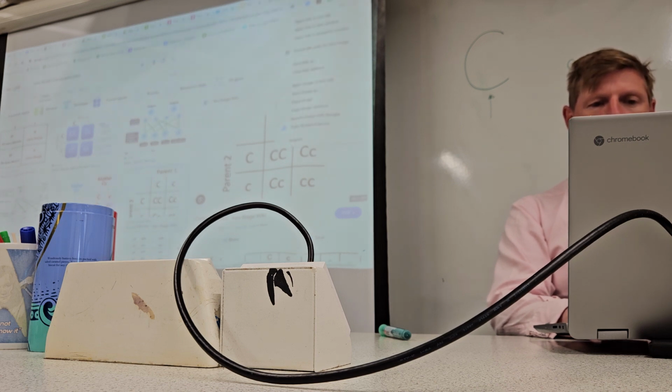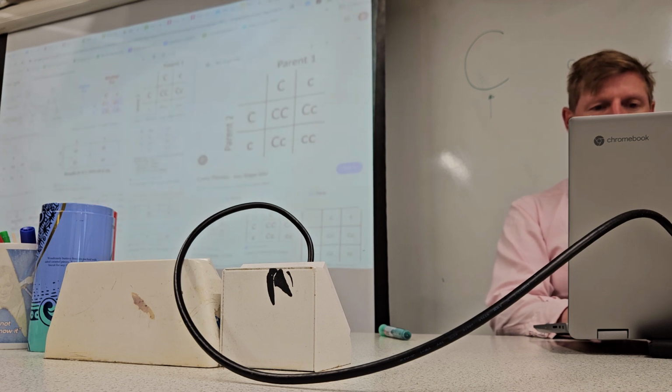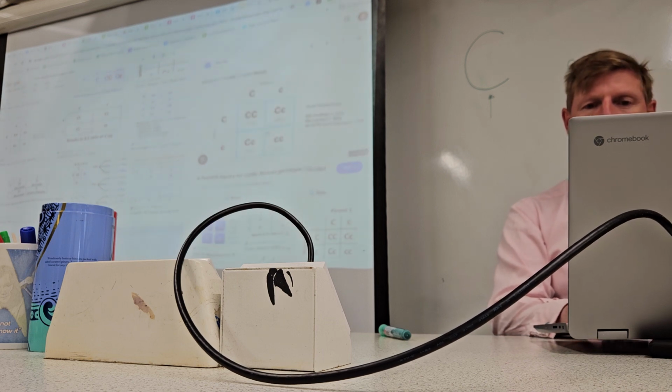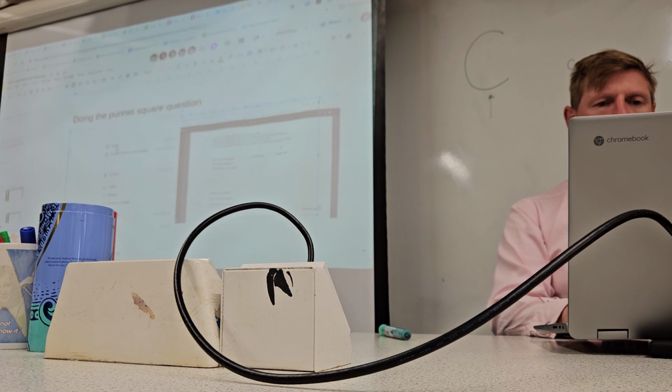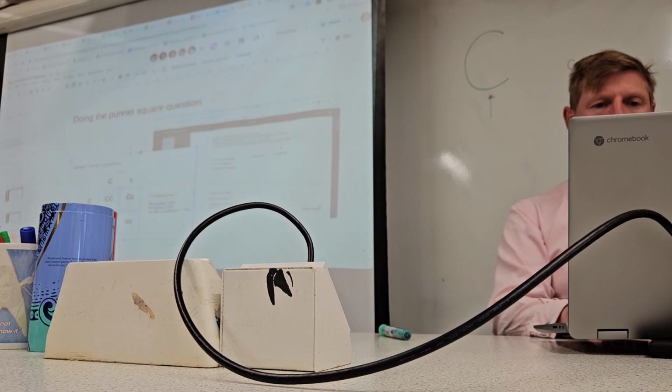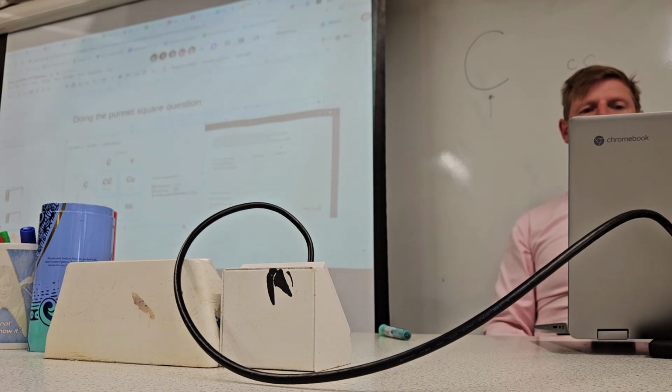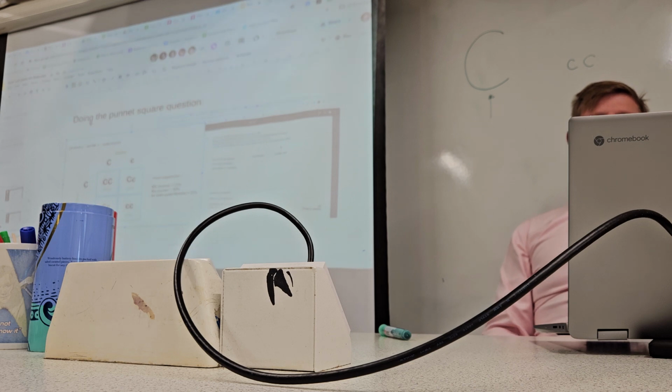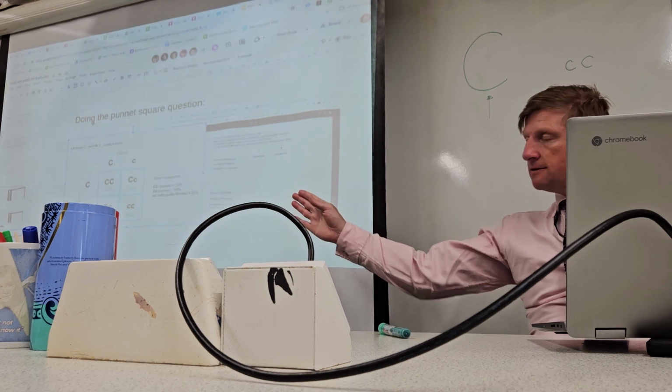Just see if we've got any with the phenotypes written in. Okay, can we see that? So this is big C equals normal, small c equals cystic fibrosis.